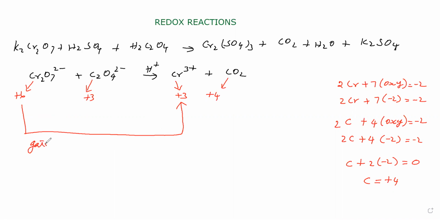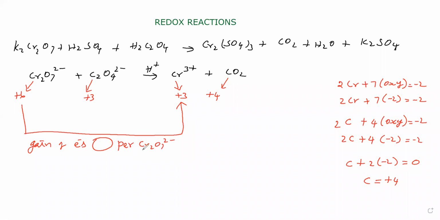So, gain of electrons per dichromate. Dichromate has the formula Cr2O7 2-. Here the oxidation number of chromium is +6. For 1 chromium atom, +6 is converting into +3 by taking 3 electrons.